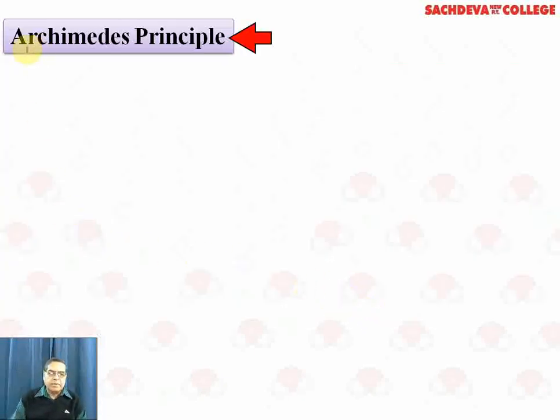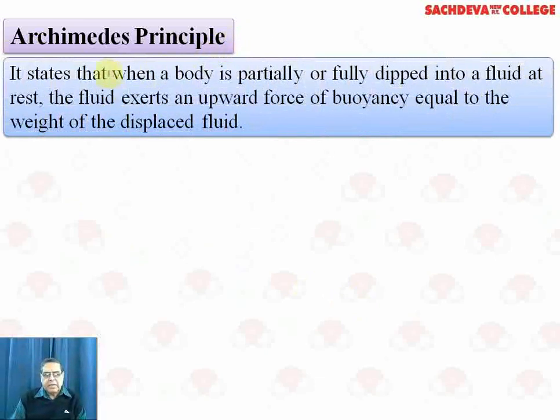Now we come to the Archimedes Principle. Archimedes Principle states that when a body is partially or fully dipped into a fluid at rest, the fluid exerts an upward force of buoyancy equal to the weight of the displaced liquid.